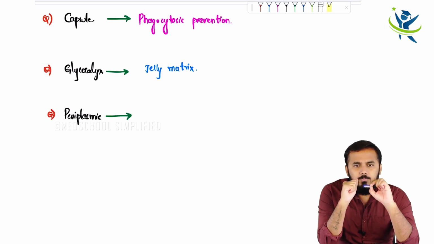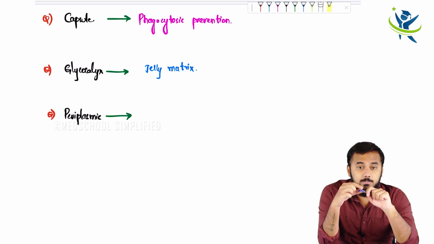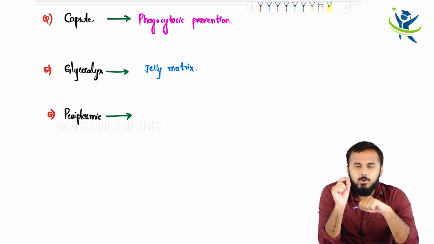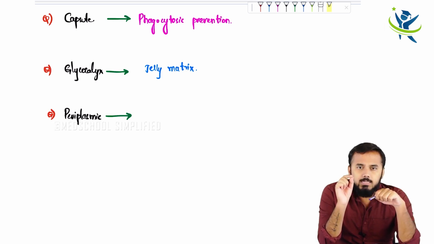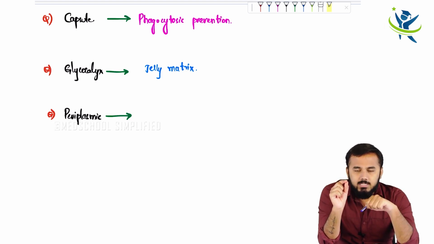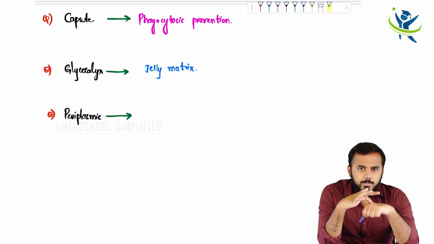Now, whenever you are inserting a catheter, and this bacteria are most commonly present on your skin. Let us take an example of a bacteria called Staphylococcus epidermidis. This Staphylococcus epidermidis is normally present on my skin, right?